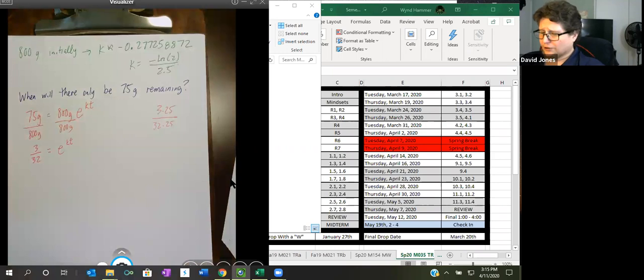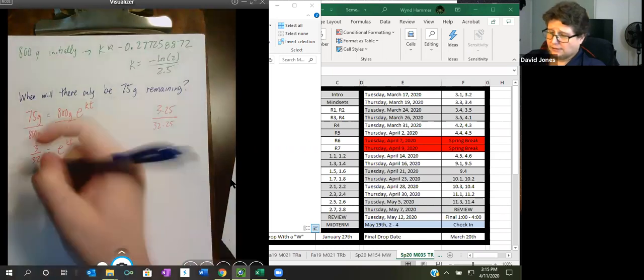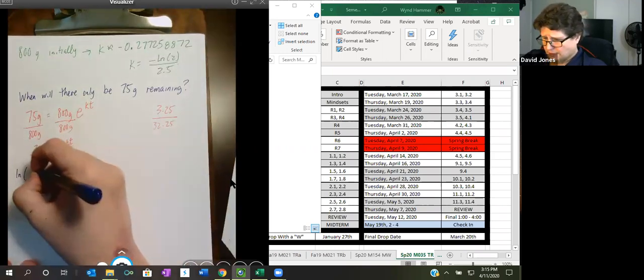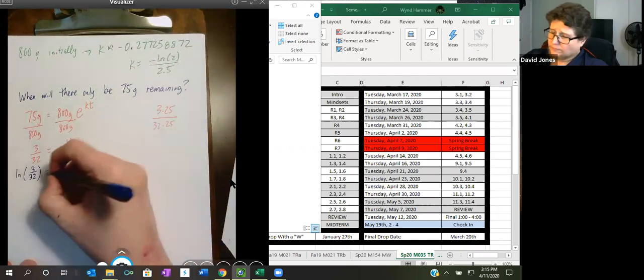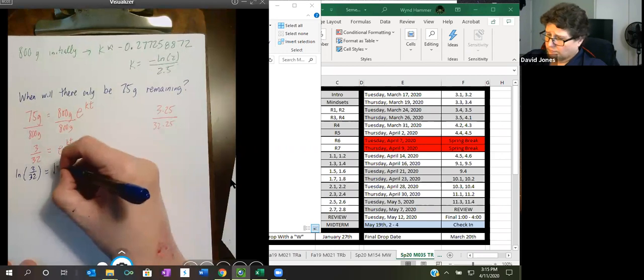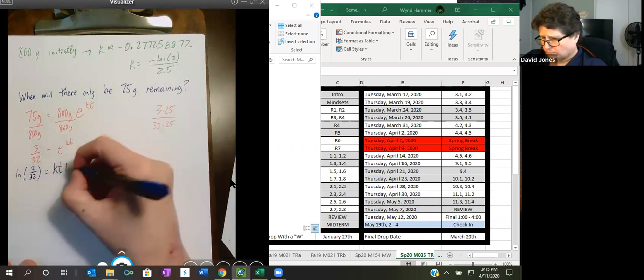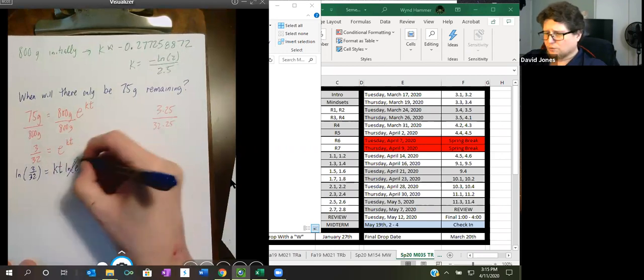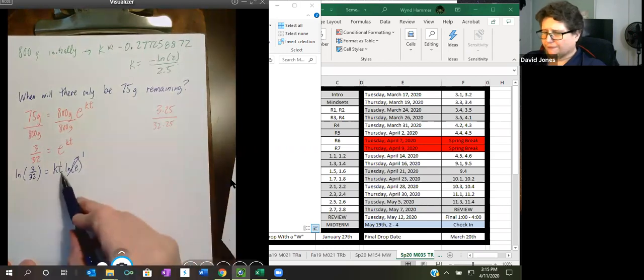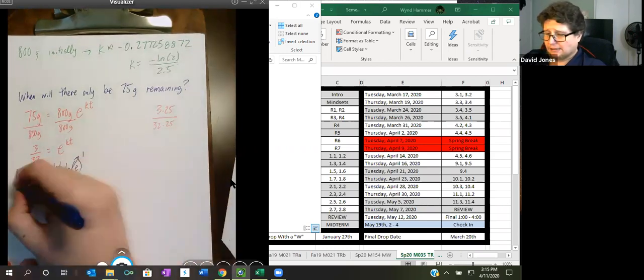We take the natural log of both sides, and that goes to 1. We're solving for t, so we divide by k.